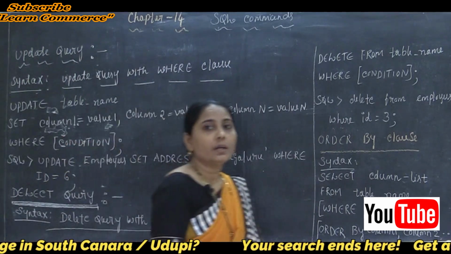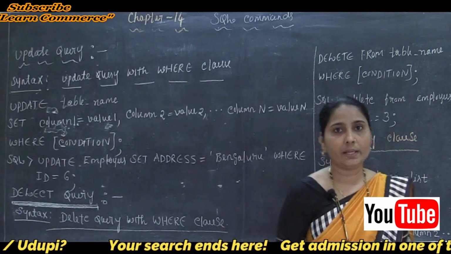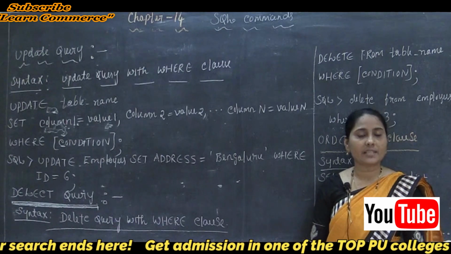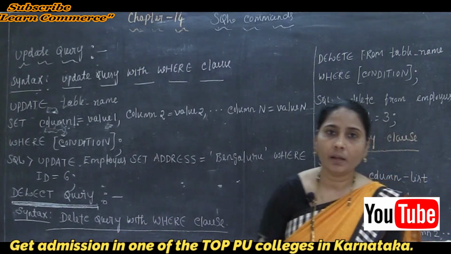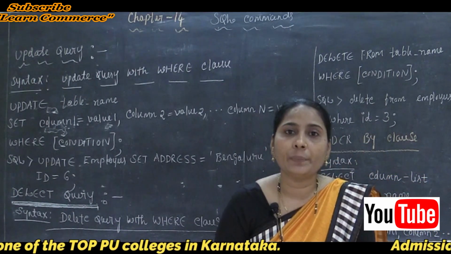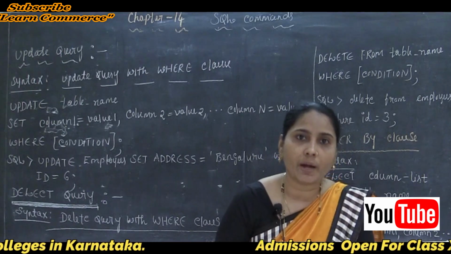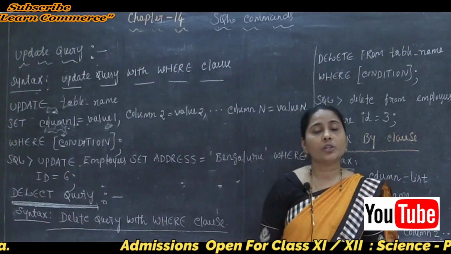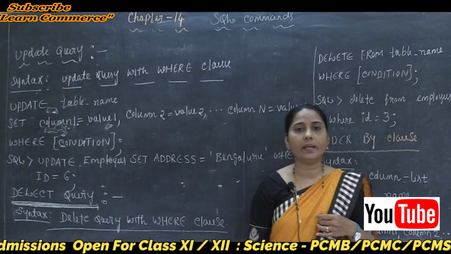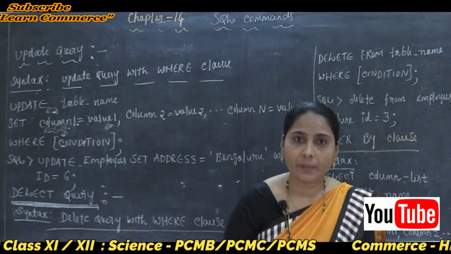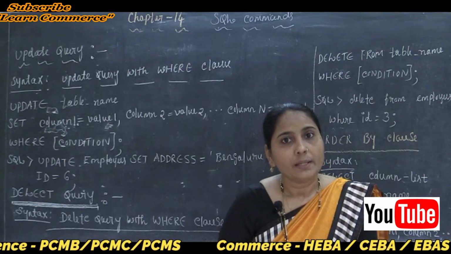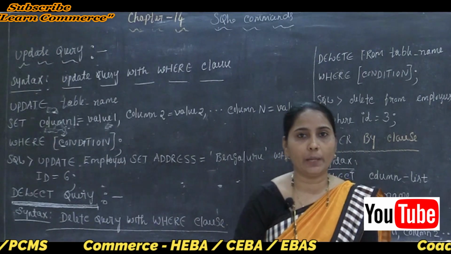The update query is also called the update statement or update command. What is the use of the update query? The SQL update query is used to update or modify the existing records in a table.